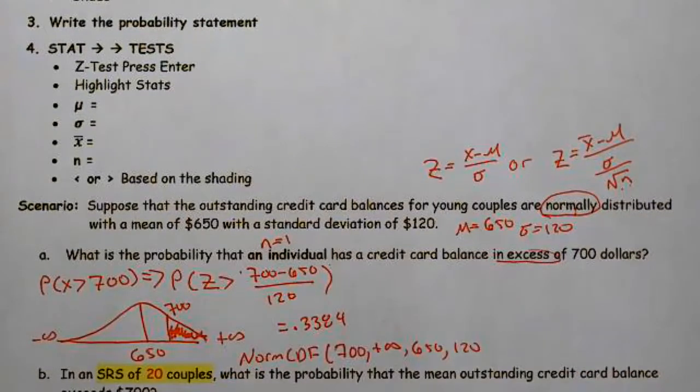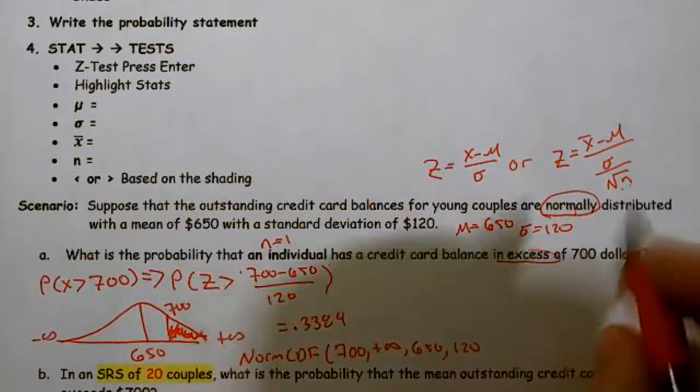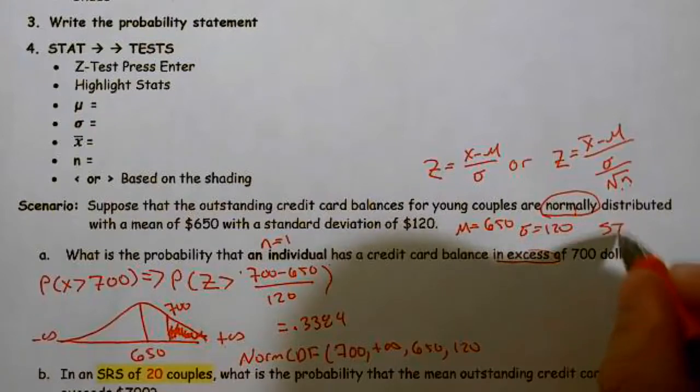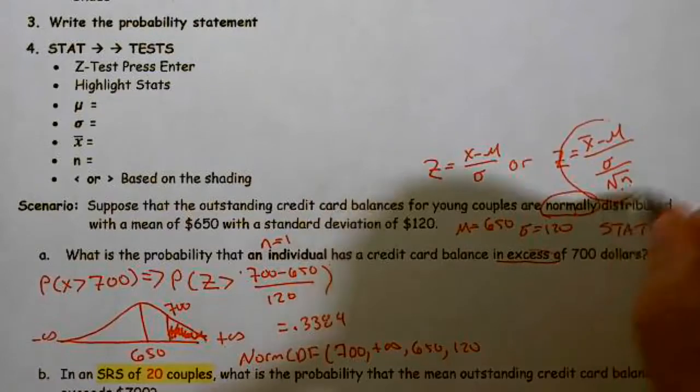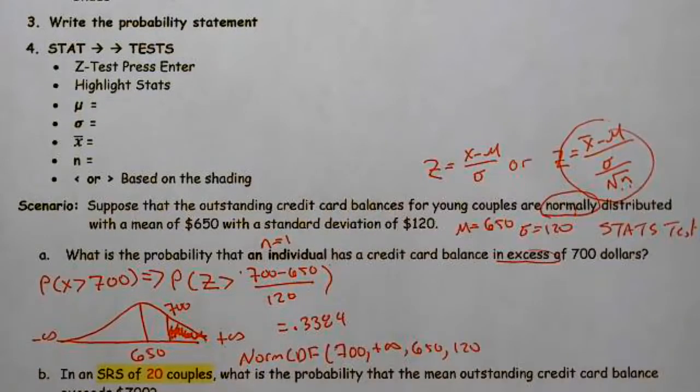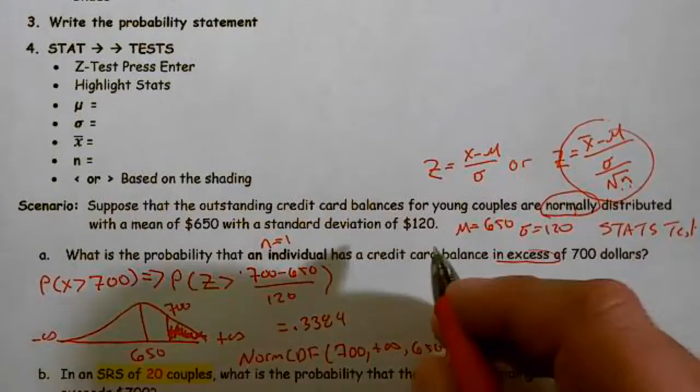And that's my answer now to receive full credit. But I says to myself, I wonder, could I use stats test and use this formula and just use the 1? Well, let's try that out.